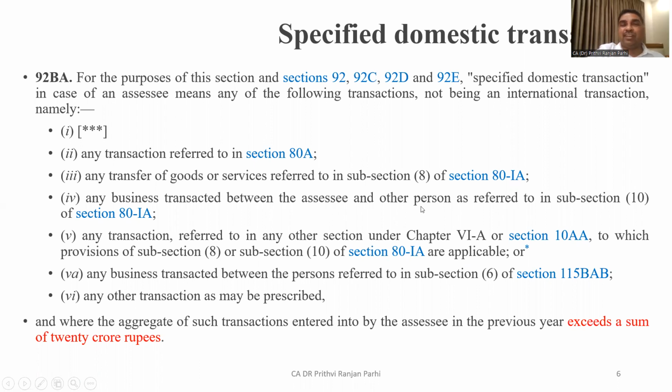These transactions will be treated as specified domestic transactions, provided the value of the transaction exceeds rupees 20 crore. Then only they will be treated as specified domestic transactions. And once they are specified domestic transactions, and if they are between associated enterprises, then the provisions of transfer pricing get attracted.